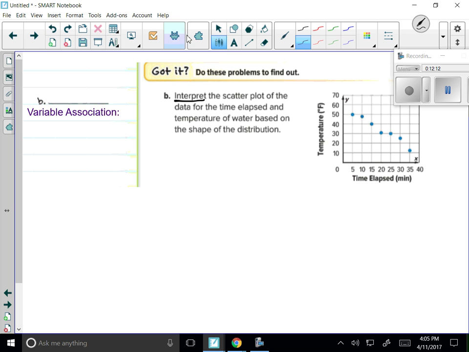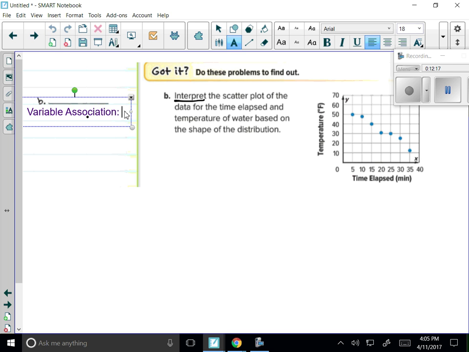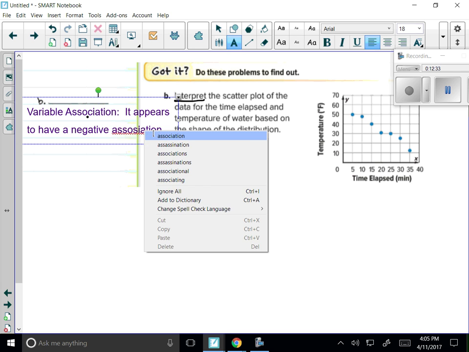If I'm giving a variable association, it really doesn't matter how you put it. You can say something like, it appears to have a negative association. Sorry for my typo.